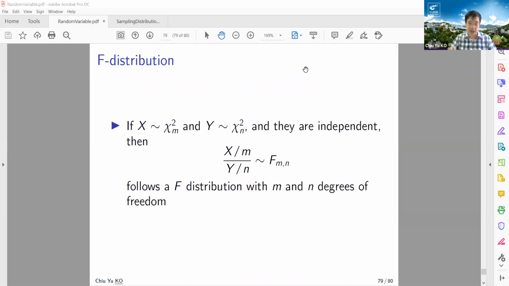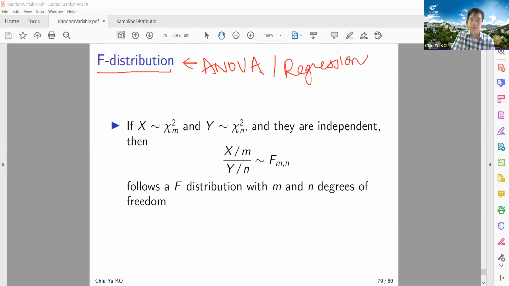And the last one we're using in this class is the F distribution. We will use it in ANOVA, and regression we will talk about this too. It's a ratio of chi-squares. If x has chi-square with m and y has chi-square with n, and they are independent, then x over its degree m, divided by y over its degree n, is what we call an F distribution with m, n degrees of freedom.